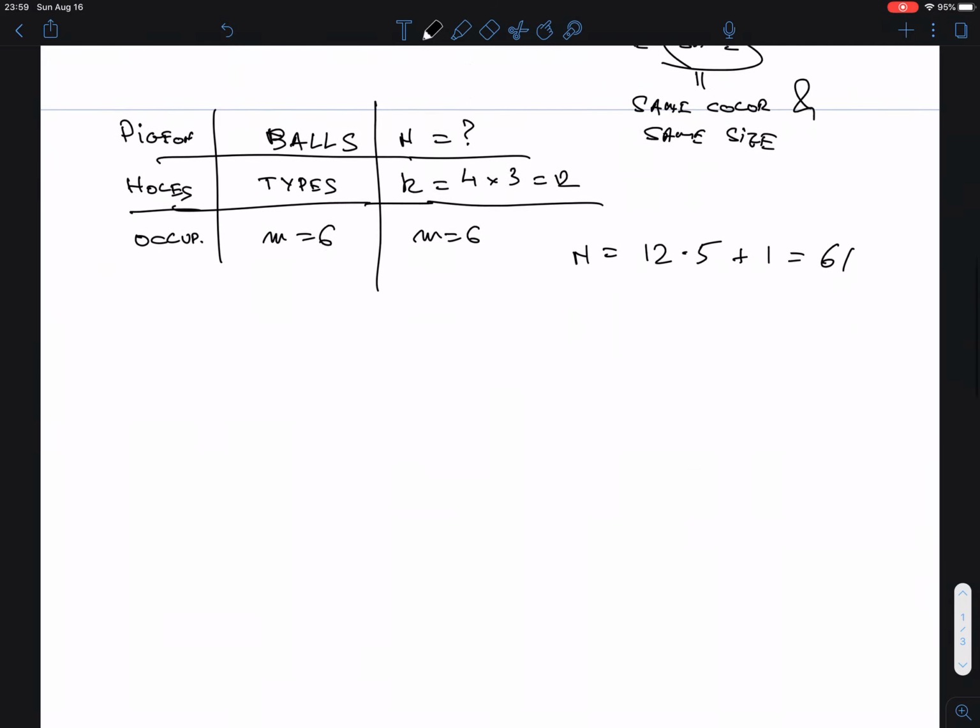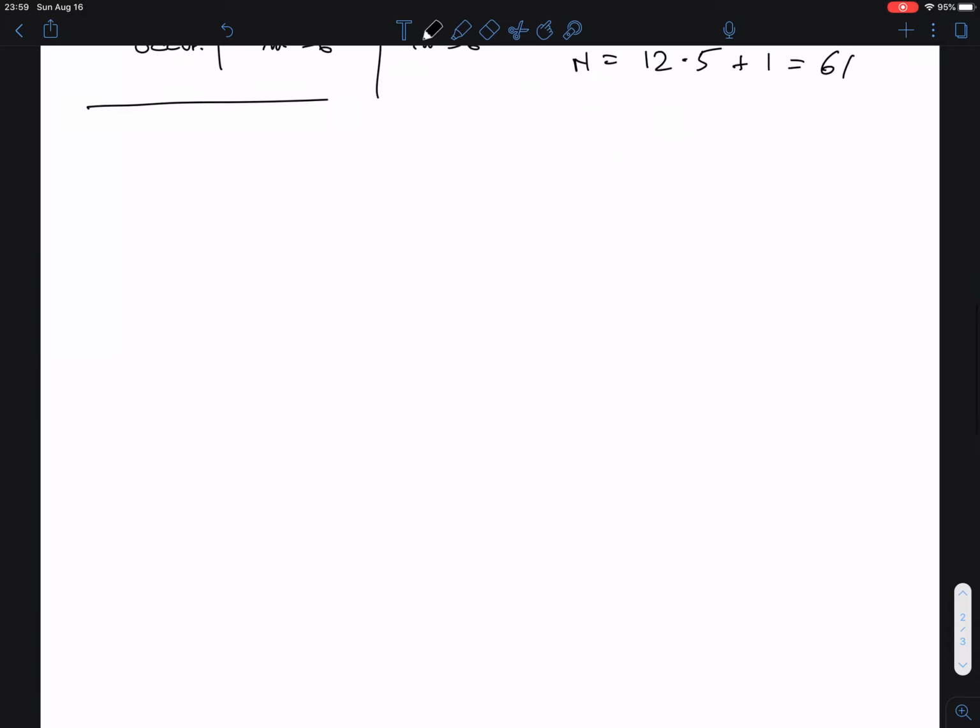Okay, so I want to do one more question that I have not really done, but it's good to see one. So let's go back to these balls. I want to set this up again for my friend, and so I'm going to color the balls.